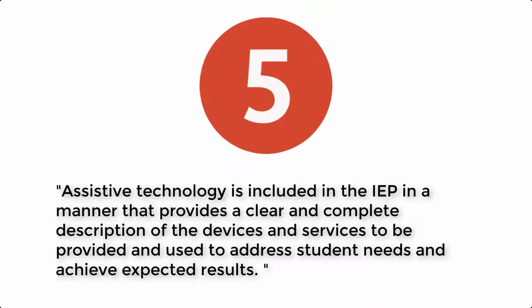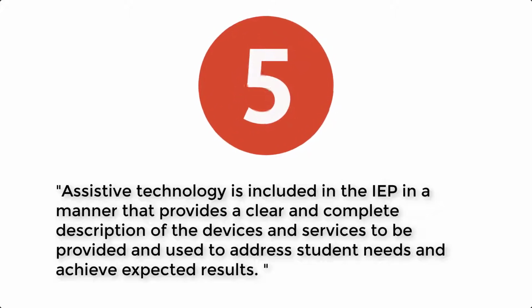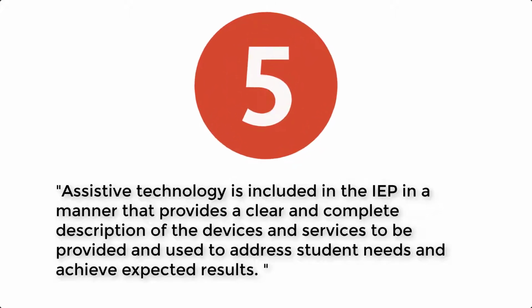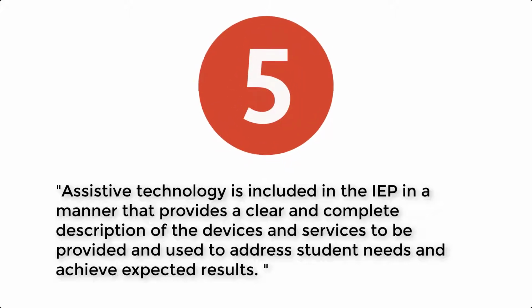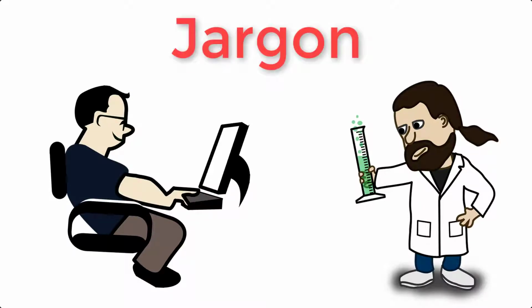Number five, assistive technology is included in the IEP in a manner that provides a clear and complete description of the devices and services to be provided and used to address student needs and achieve expected results. AT description should not only avoid the use of vague descriptions, but also the use of jargon that only a few professionals can make sense of.